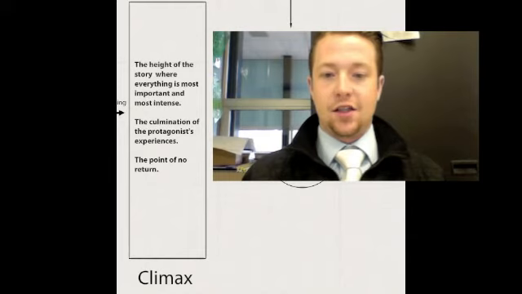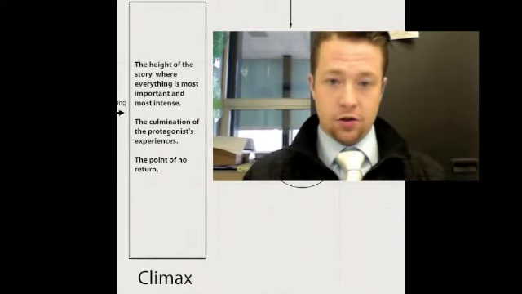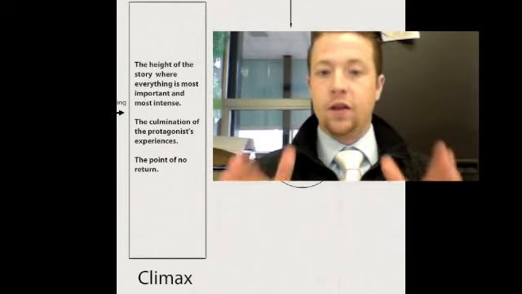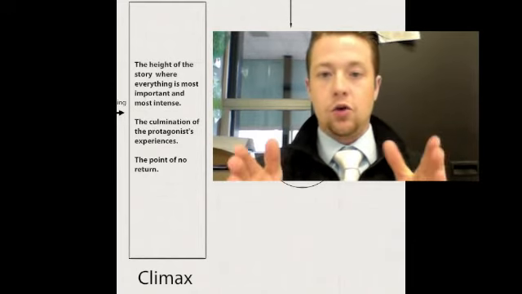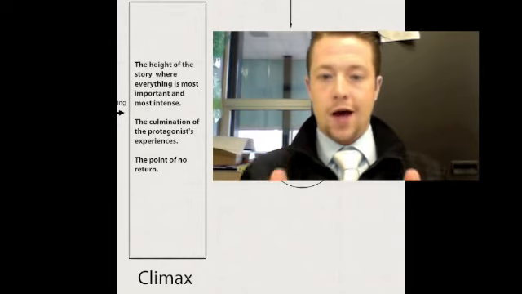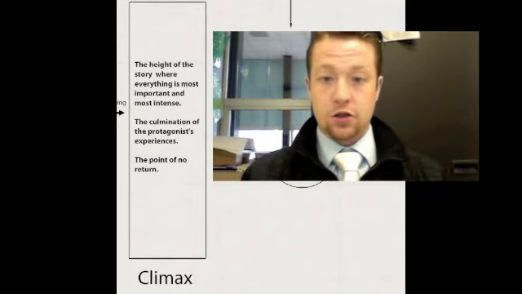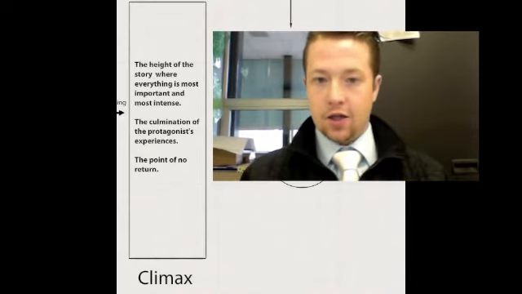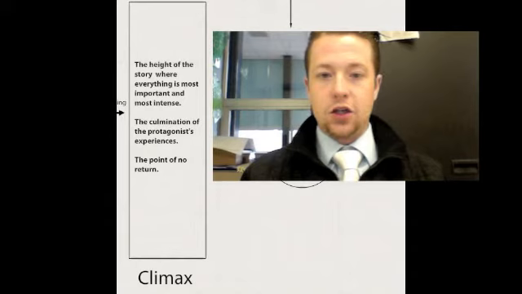The climax is the most intense point in the story, and it can also be the turning point. This is the moment you have to pay attention to what happens to the protagonist, to the character. Being the turning point, the outcome of the climax is what is going to lead you to understand about the theme.